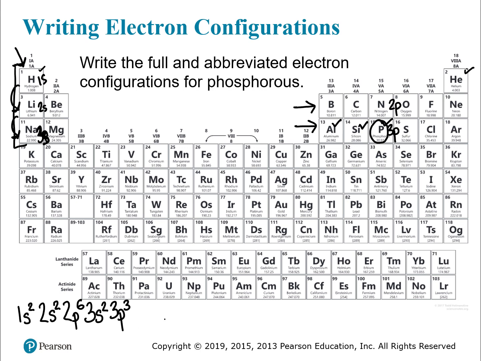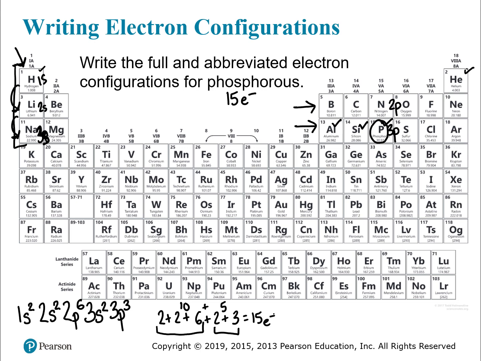Phosphorus has 15 electrons. So if we total up all of these superscripts, all these little numbers, it should equal 15. Well, we know 2 plus 2 plus 6, that's 10. 2 plus 3 is 5.